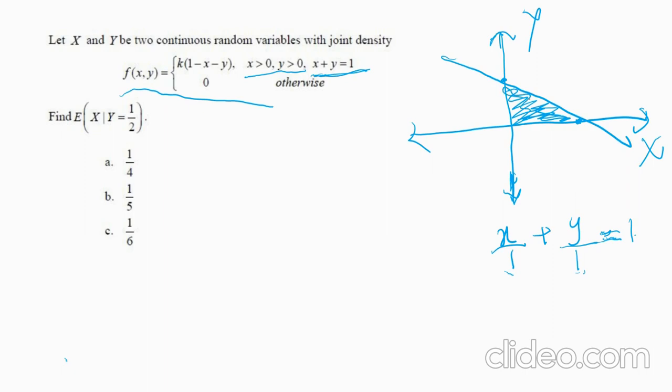So this is the joint PDF of n variables.